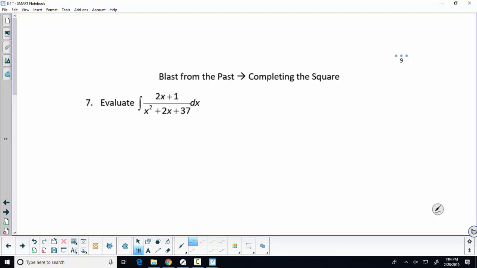Sometimes we need to remember the technique of completing the square for something like this. Things like this will become easier, I guess.